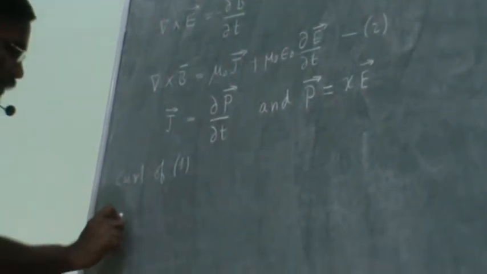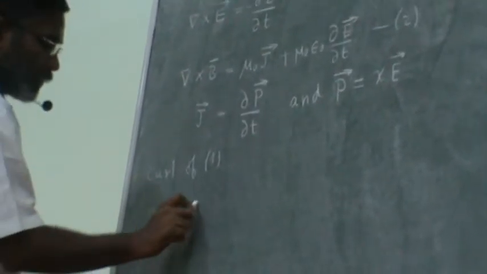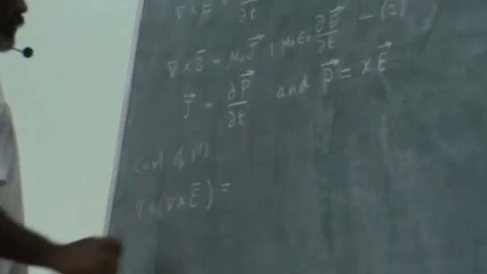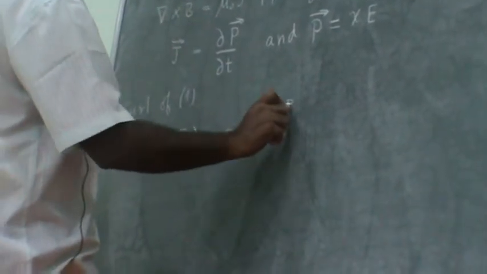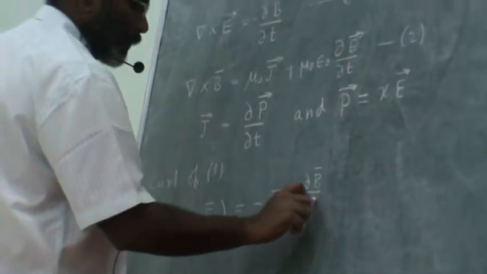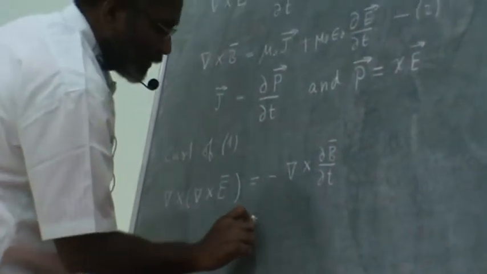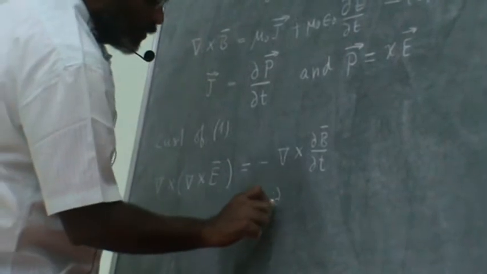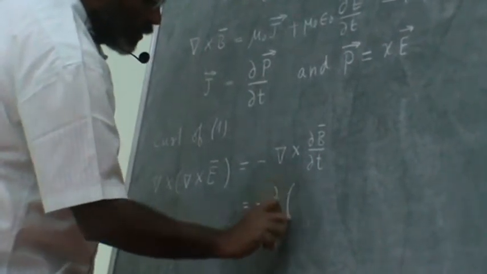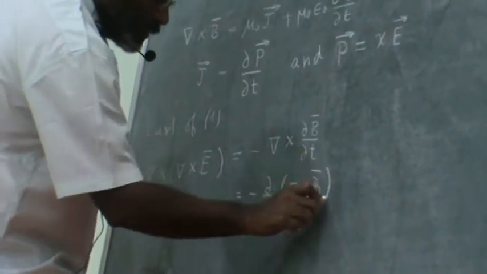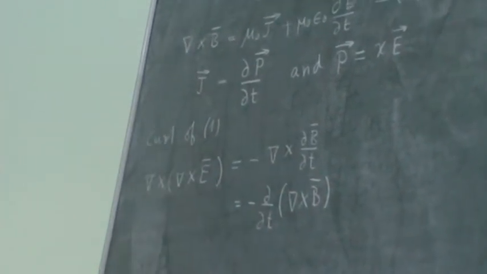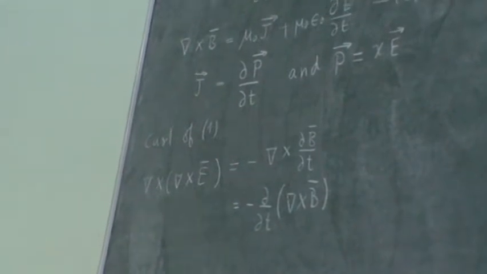So curl of curl E is equal to minus curl of dou B by dou t. Now I can write this as minus dou by dou t of curl of B, because this del and dou by dou t are space and time components, and I can interchange.